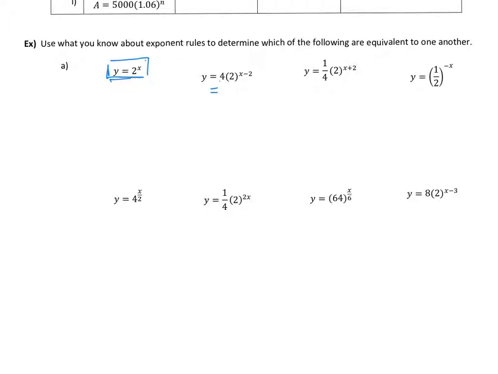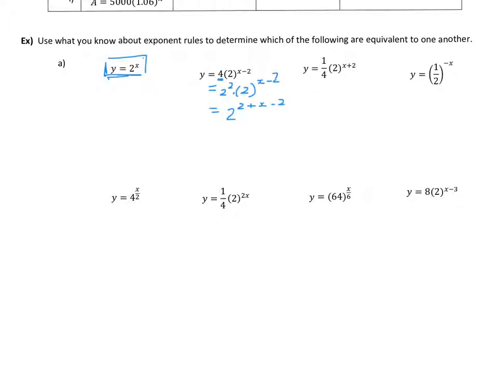For example, the number 4 here could be written as 2 to the exponent of 2. And then we have multiplied by 2 to the exponent x take away 2. So now we have expressed this where our bases are the same and we're multiplying. And we know the rule is when the bases are the same and we're multiplying, we keep the base as it is and we add the exponents together. So I have my 2 plus the x take away 2.